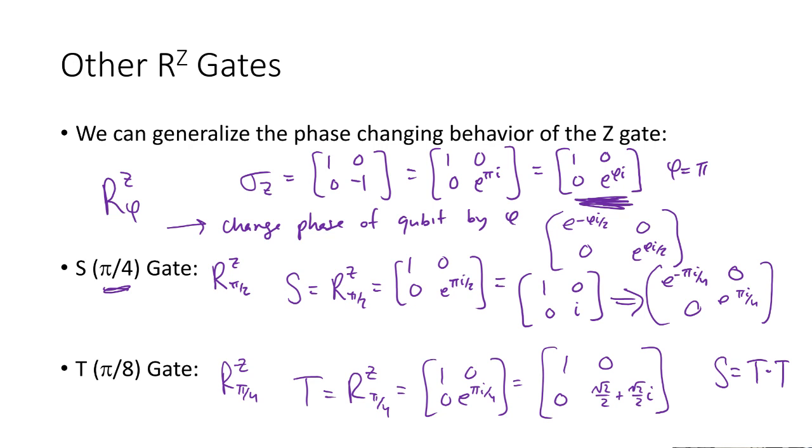Again, it doesn't matter because the global phase multiplication isn't observable when we measure it, but it'll sometimes make it more convenient to use it in that form.